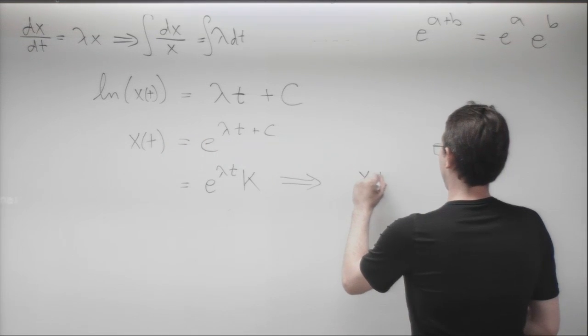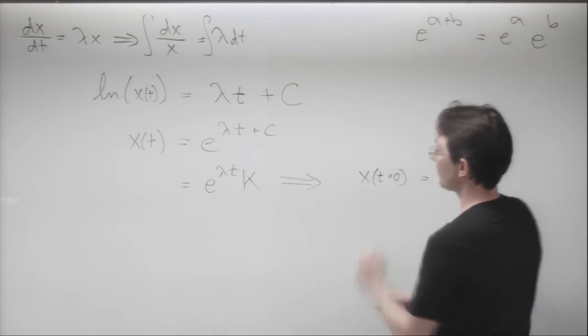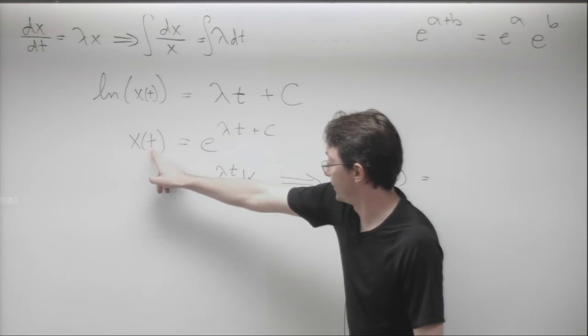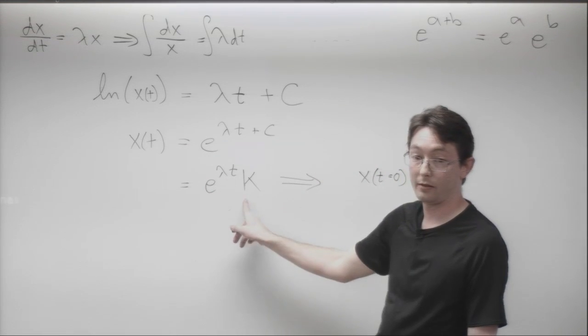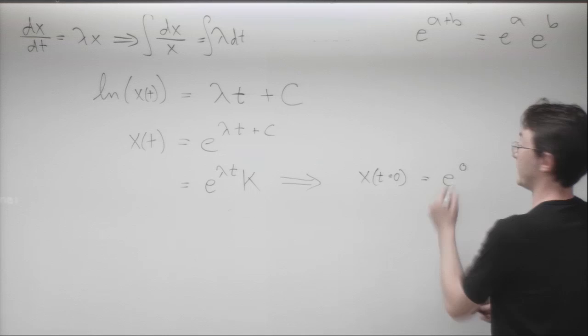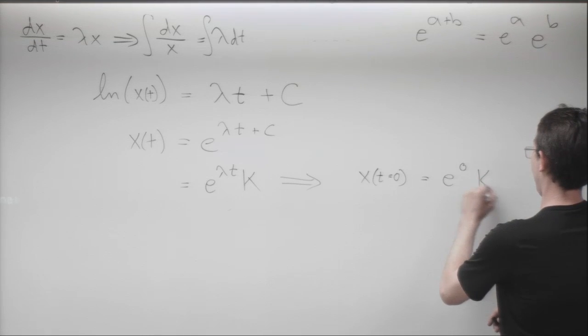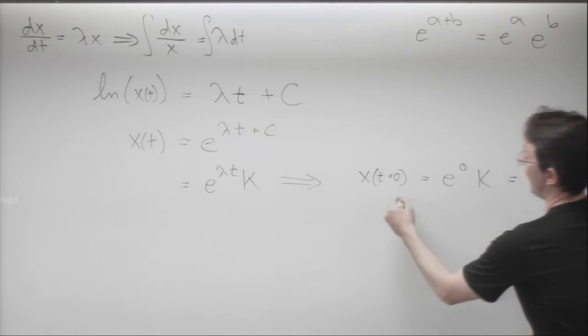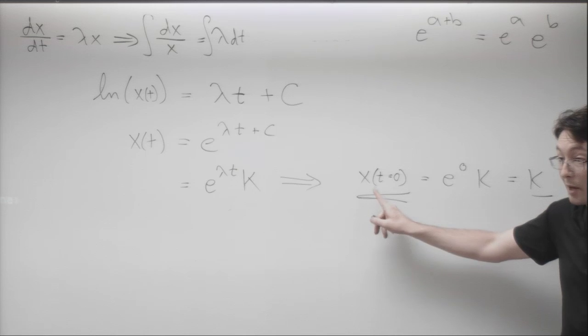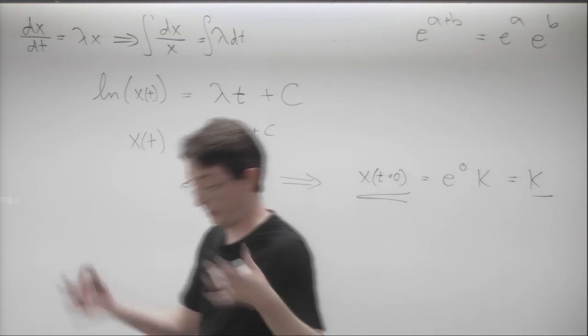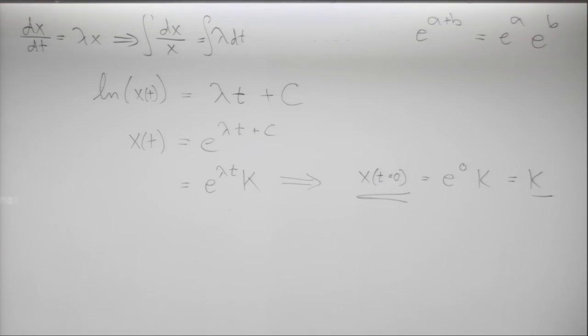So if I plug in x at time 0, then x at 0 is e to the 0 times k. E to the 0 is 1. So k is my initial condition. It's the size of my population at time 0. Like right now, I have 50 bunnies. In 5 years, I'm going to have e to the lambda 5 times 50 bunnies.